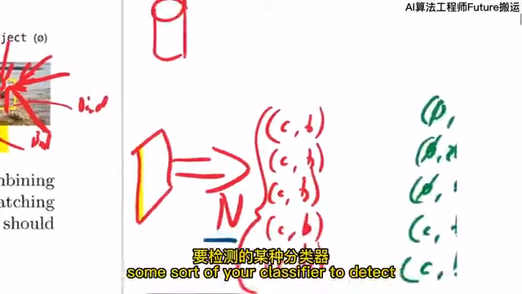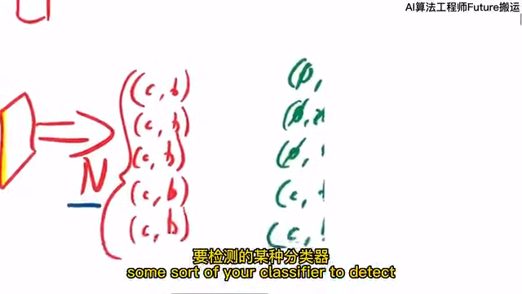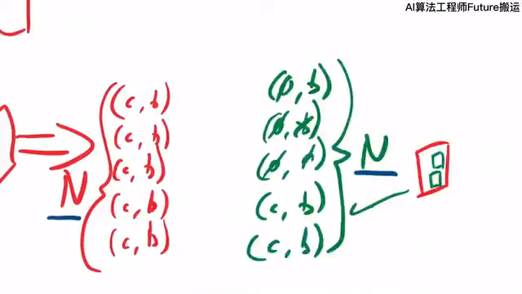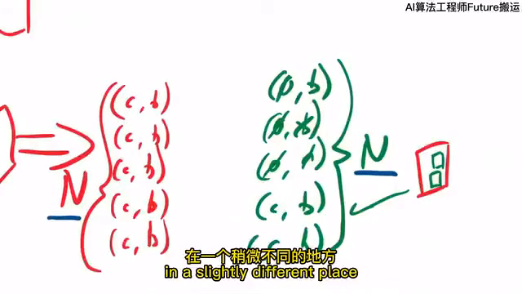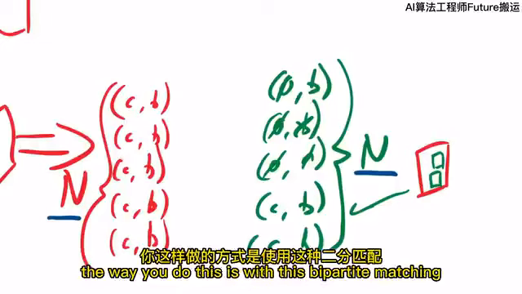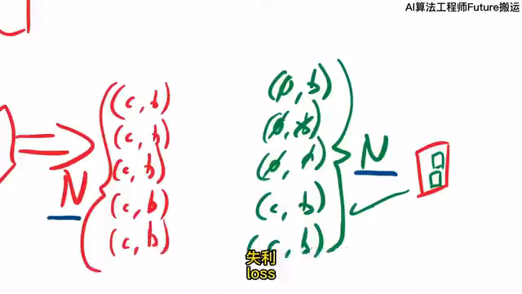What you want is to encourage your classifier, if it has already detected an object, not to detect it again in a slightly different place. So the way you do this is with this bipartite matching loss.